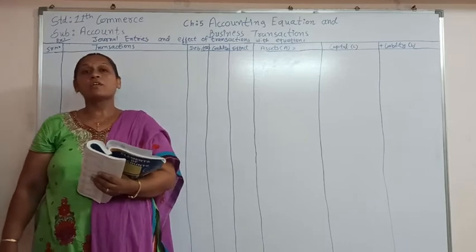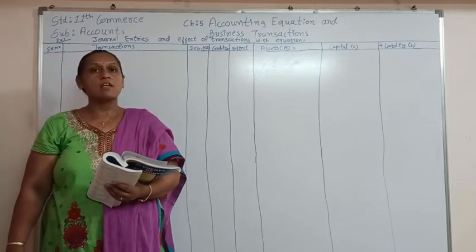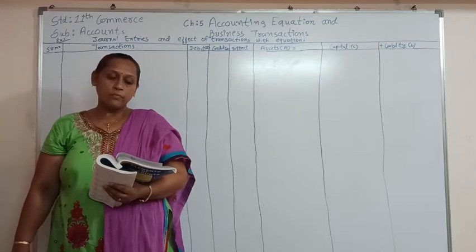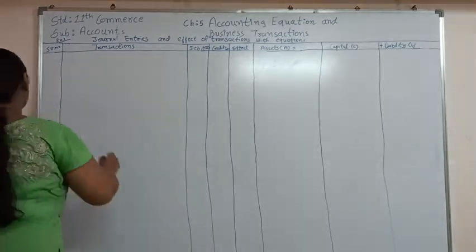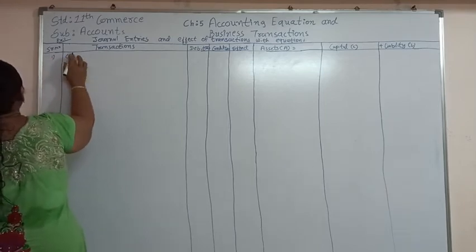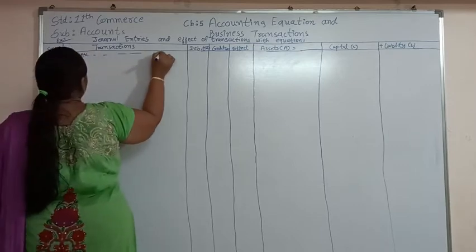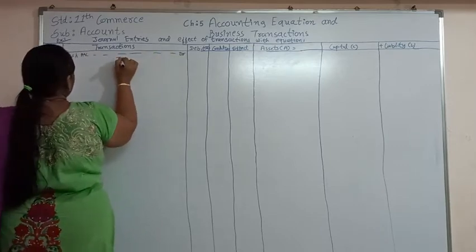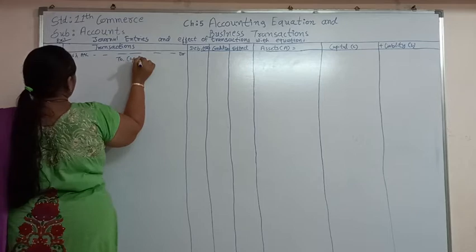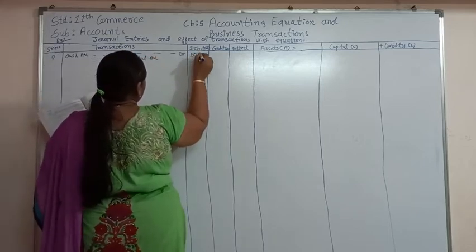So here we know the journal entry: 50,000 is coming into the business. So cash account debit to capital account. Let's pass the journal entry. Cash account debit to capital account, and the amount is rupees 50,000.